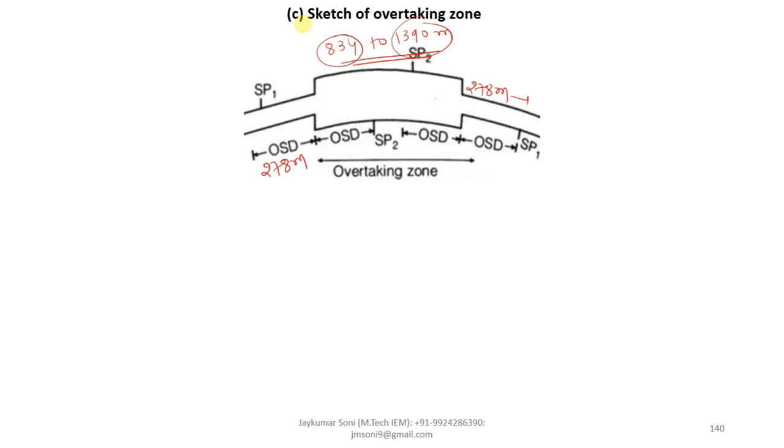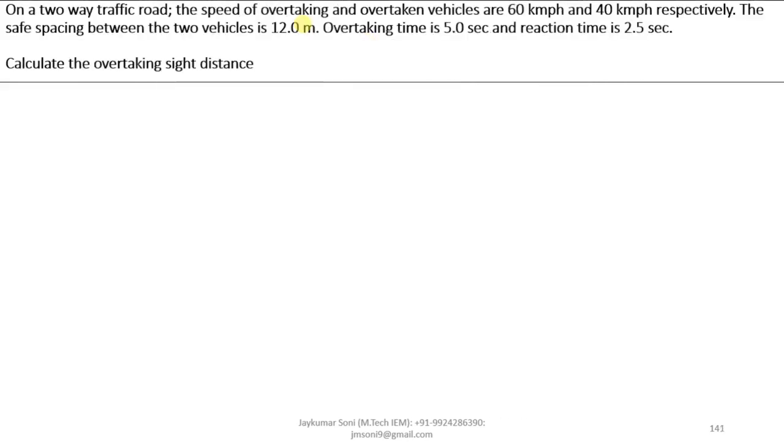So this was all about the first example, in which we calculated the overtaking sight distance, the length of overtaking zone, and the sketch of the overtaking zone. Now let us move towards the second example. Let us read the statement twice so that we can understand the concept thoroughly.